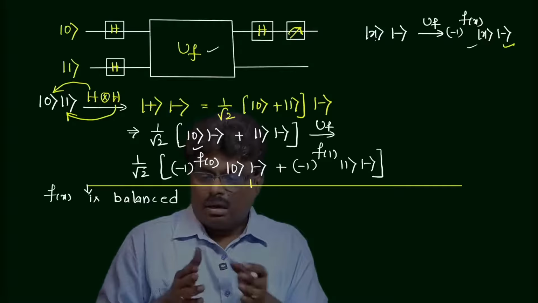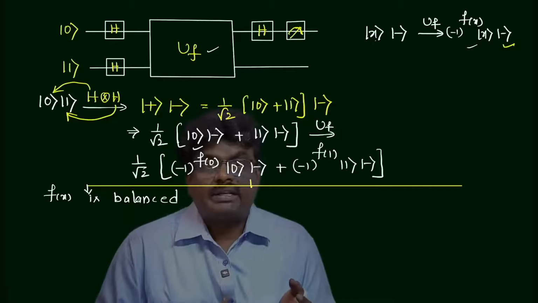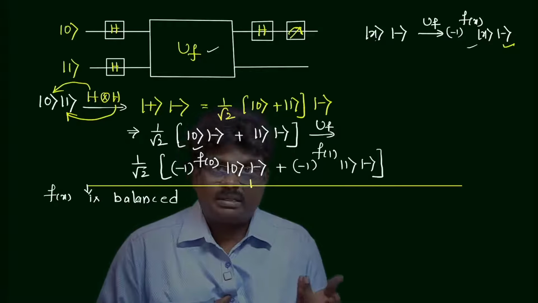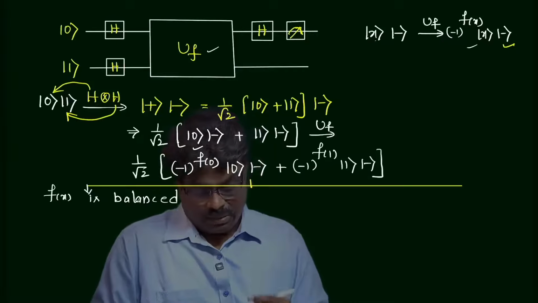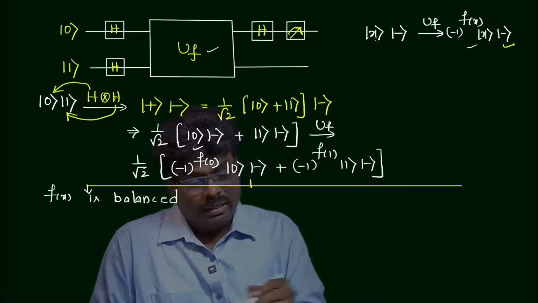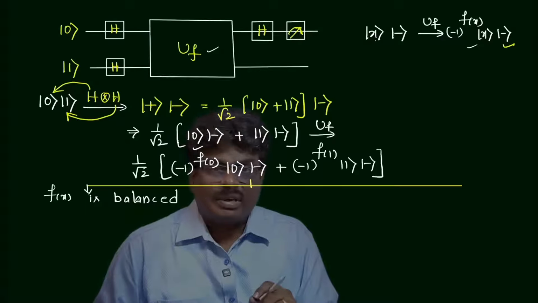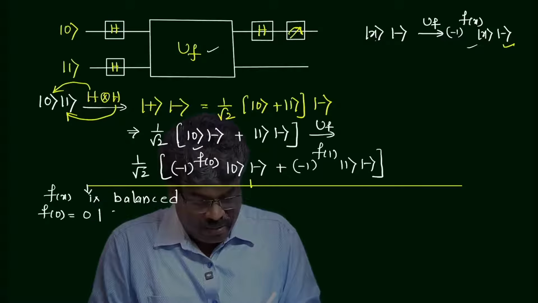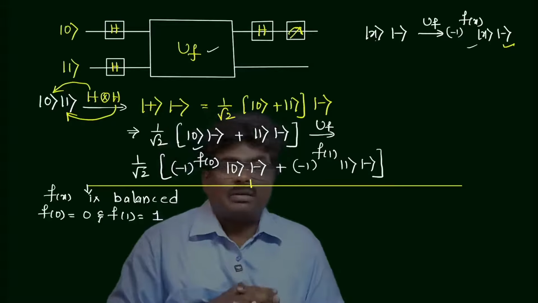That means half of the inputs will take one value and half of the inputs will take another value. So the output will be f(0) or f(1). So what I am taking is f(0) equal to 0 and f(1) equal to 1.